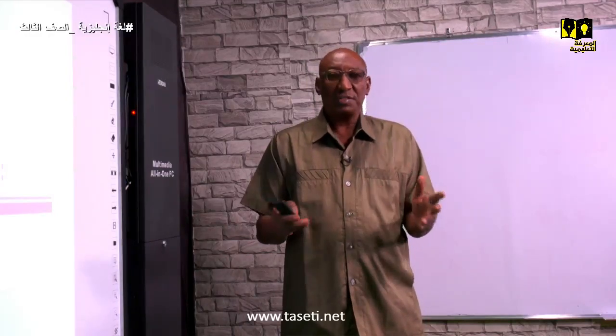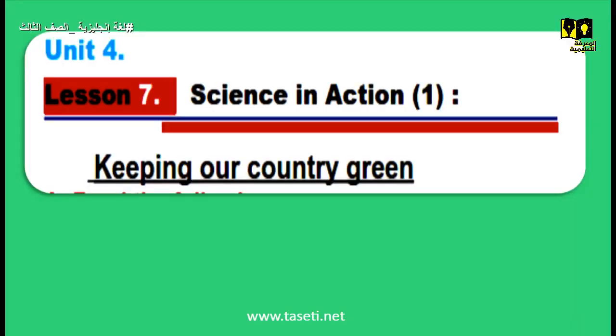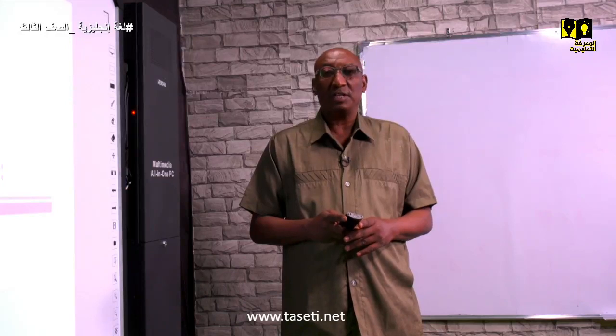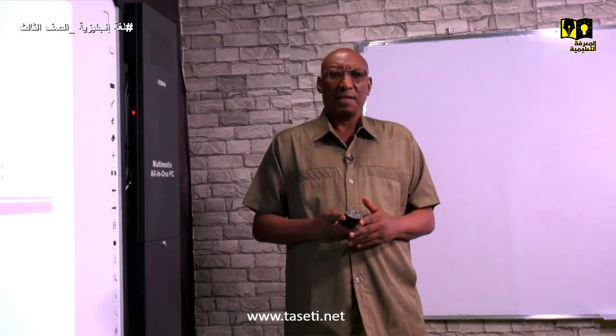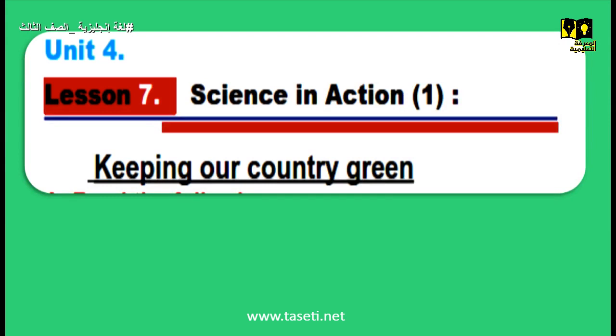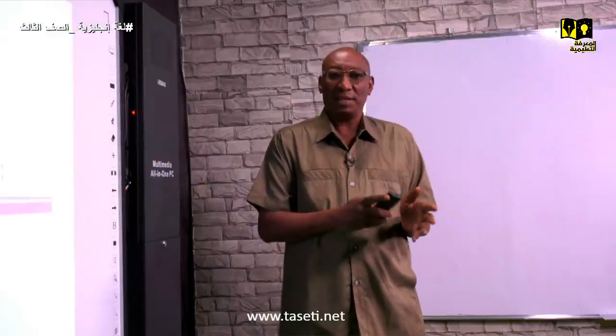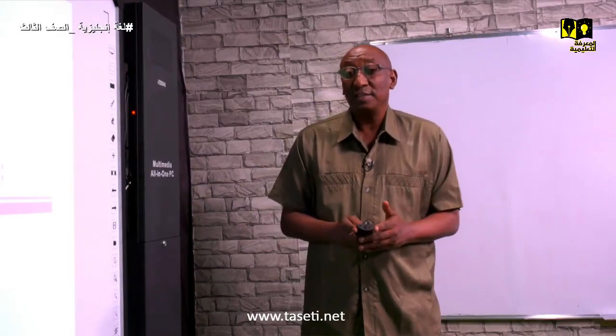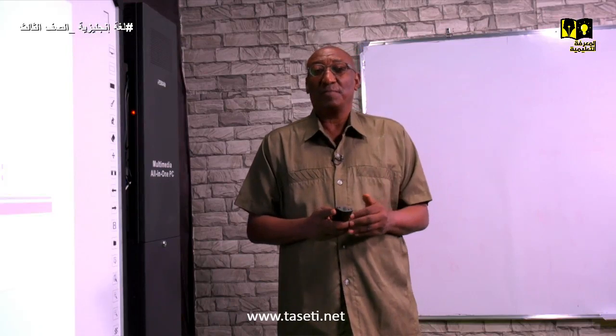Let's have a short discussion using this title, Keeping Our Country Green. How do you think people can make their countries green? By doing what? When you describe a country or an area as a green area or green place or green town or green country, where does this adjective come from?